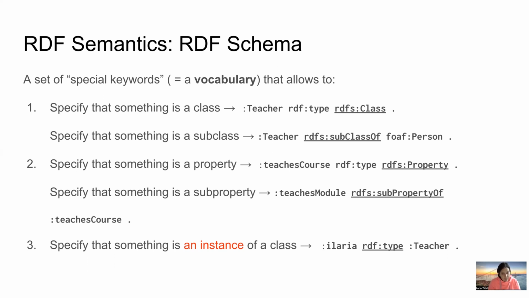The same way we specify that things are classes or subclasses, we can also specify that things are properties. So teaches course is a predicate that is of type RDFS property. This is the special keyword in RDFS. Or that something is a sub-property. So for example, teaching a module means teaching a course, but it's a sub-property of the property that we previously expressed.